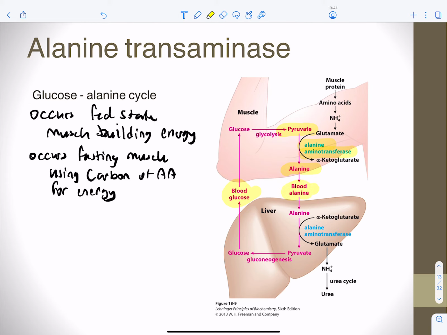Alanine is going to go back into the blood, enter the liver. Alanine is going to undergo a transamination reaction with alpha-ketoglutarate and produce glutamate. And then glutamate is going to donate the nitrogen for the urea cycle. And this cycle continues because alanine is a precursor of pyruvate, which can become glucose, and you get this glucose-alanine cycle.